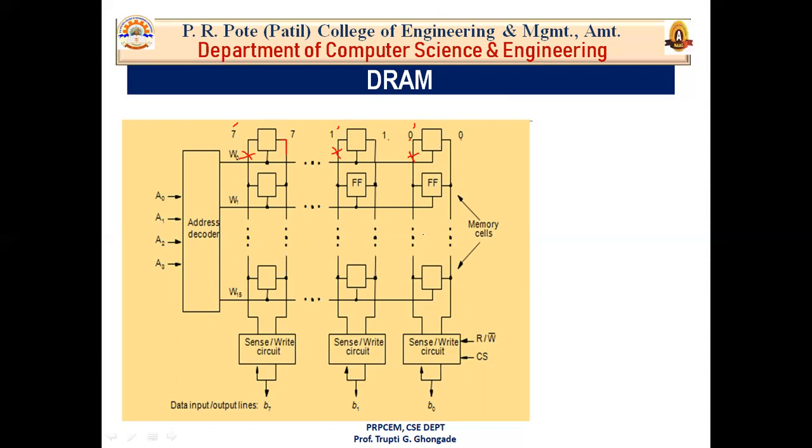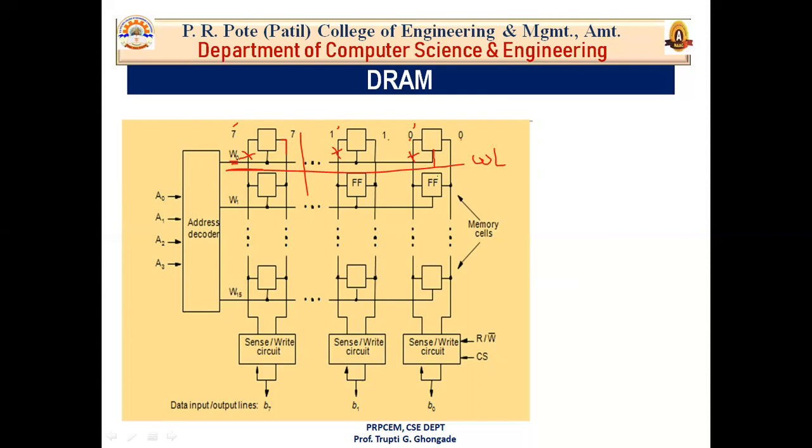If you take the first row, each cell in this row is connected to a common line, and this line is called the word line, denoted by W0. I think you know this concept because we already learned about static RAM.